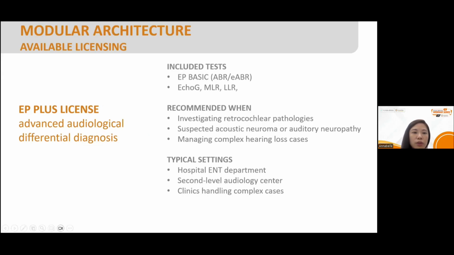Okay, the EP Plus with the ECOG, the MLR, and the LLR will be more advanced, like in a hospital ENT department or in a second level audiology center. We want to know about any retrocochlear pathologies.